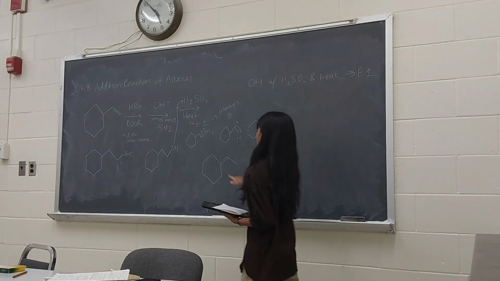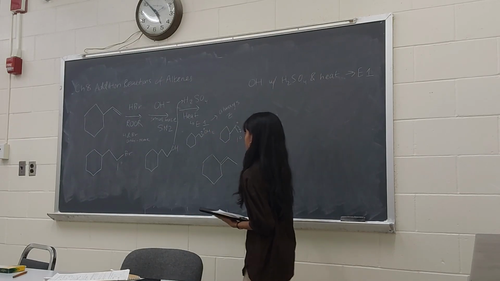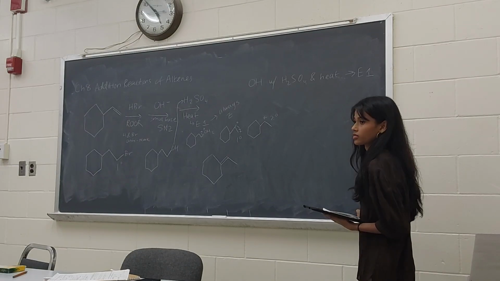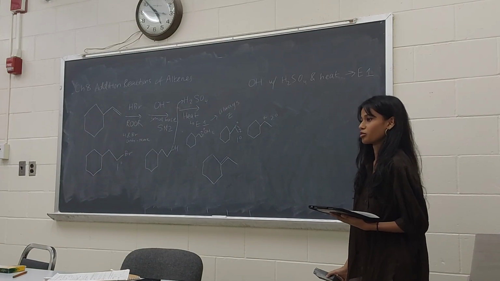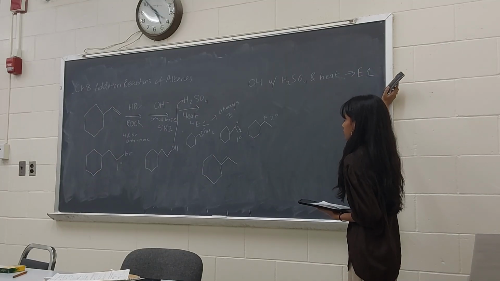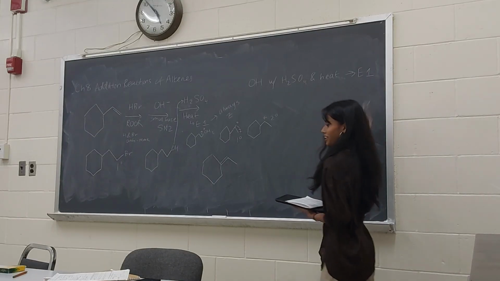The reason we chose here instead of here is because it's E1. E1 is always going to be Zaitsev. So that's the reason, not the stability. Okay. So I'll do the next one. The Zaitsev ones always have alkenes that are most stable, more substituted.